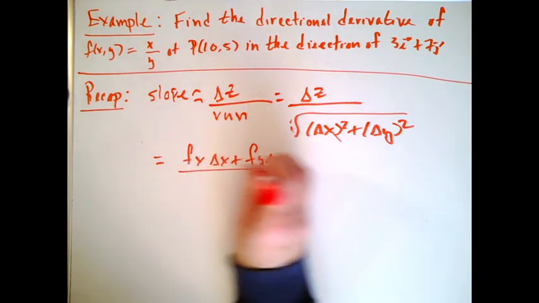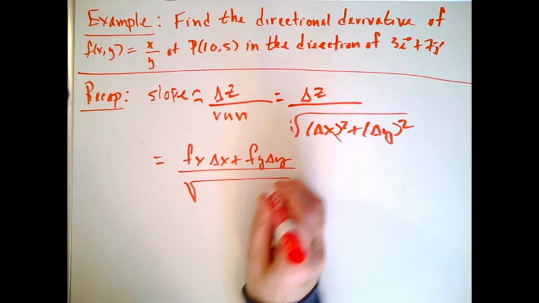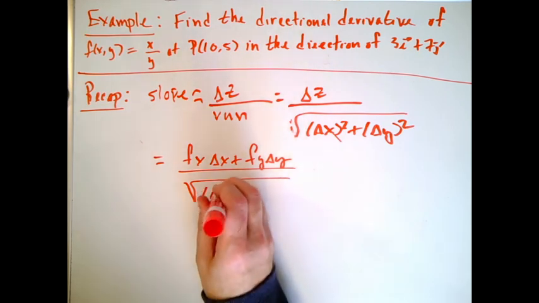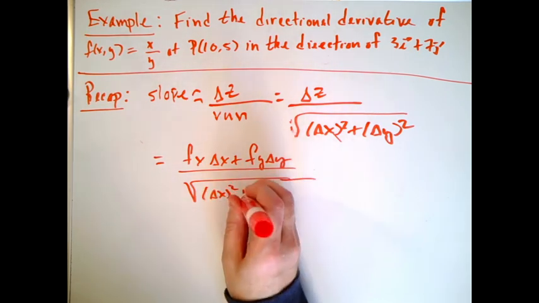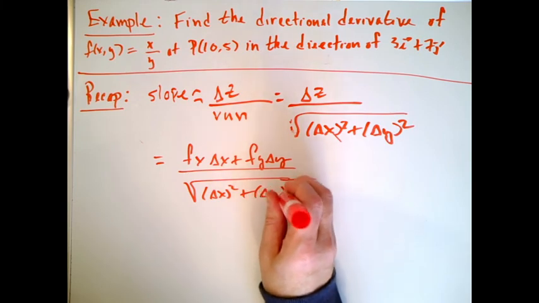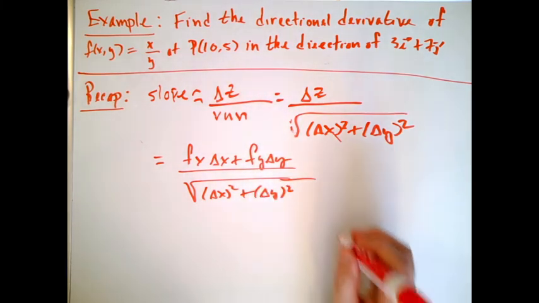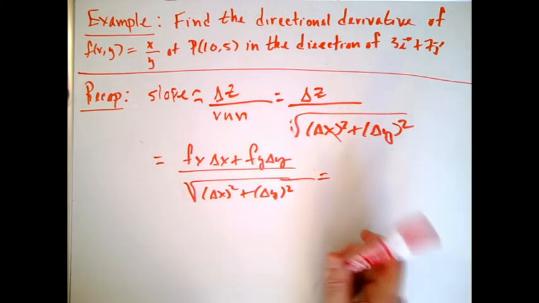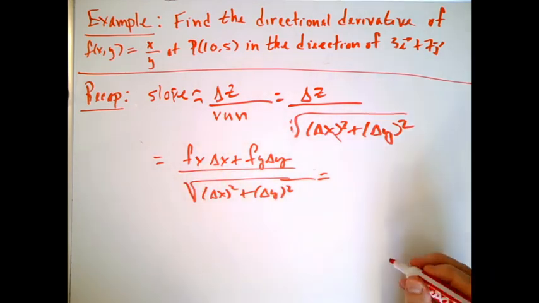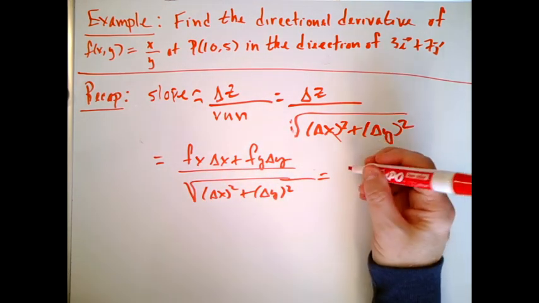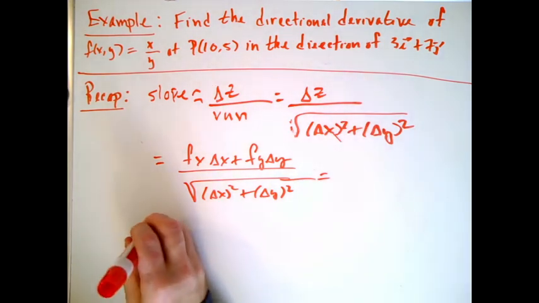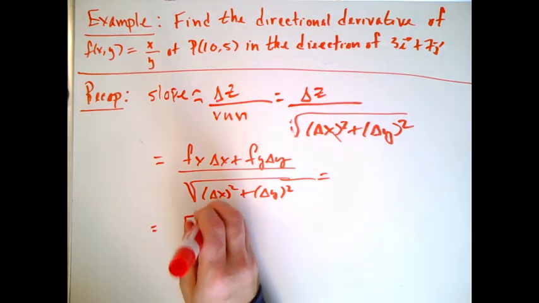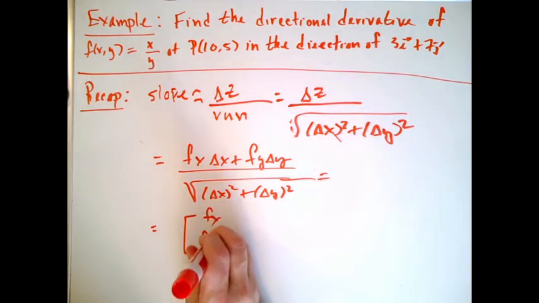And you should know where that comes from just on a regular plane. So I'm going to get the square root of delta x quantity squared plus delta y quantity squared, like that. And again, our linear algebra needs to be strong enough that we can recognize the top as being the dot product of two vectors. It's the dot product, let's write it down here, of (fx, fy).